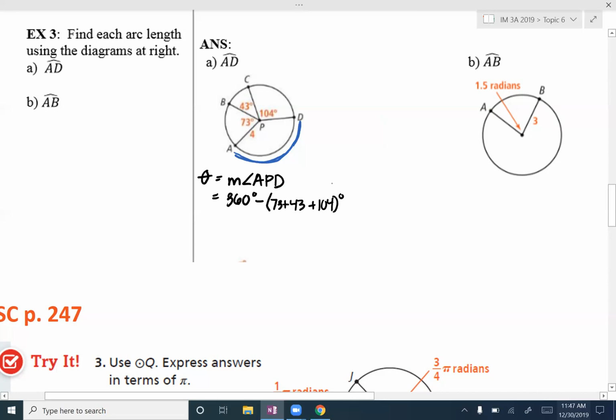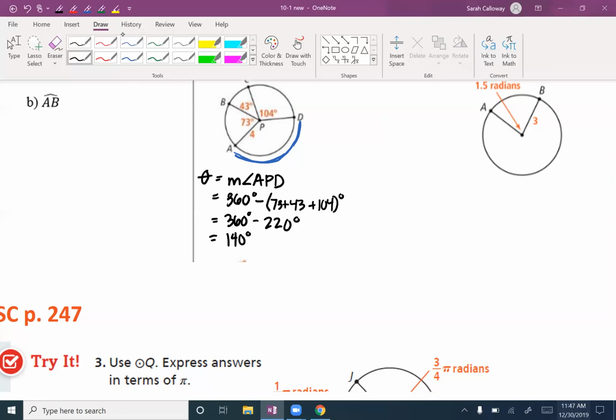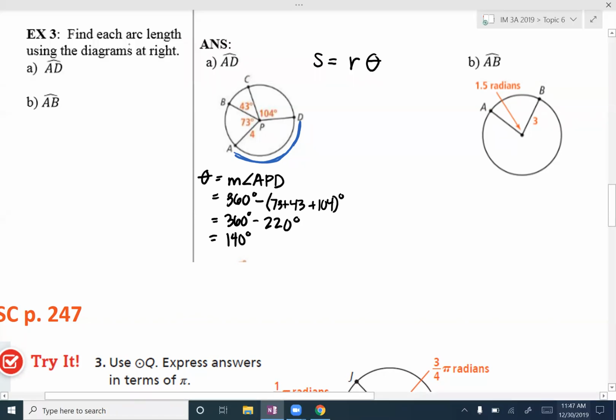If we do that, we're doing 360 minus 220 degrees, which means that theta is 140 degrees. However, our formula S equals radius times the angle requires the angle to be in radians, so we have to multiply by a conversion factor to convert that to radians.